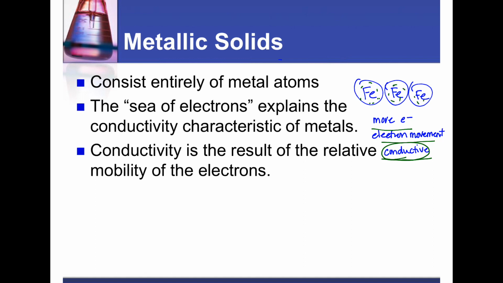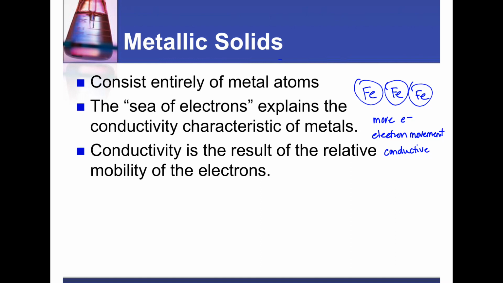But for the metals, because they have so many electrons and there's electron movement, these electrons flow between the elements, and it makes what we call a sea of electrons. It's almost like instead of the electrons being around one atom, the electrons pool and flow between all the atoms. So that explains our metals' conductivity.